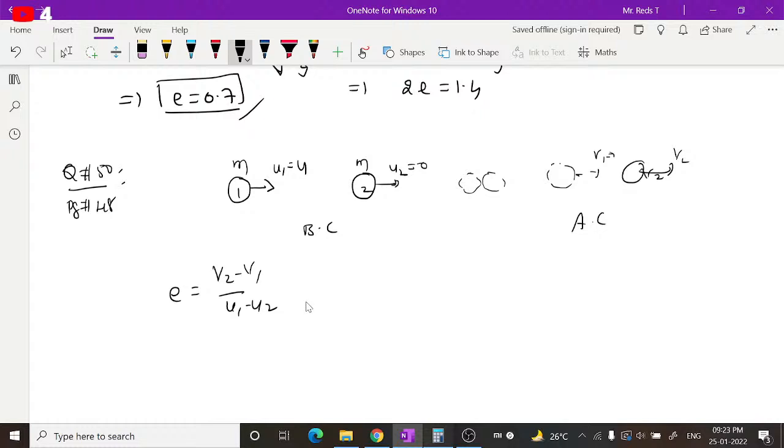Here you are asked to find the ratio of final velocities of the first and second bodies in terms of the coefficient of restitution E. So how can you deal with this?